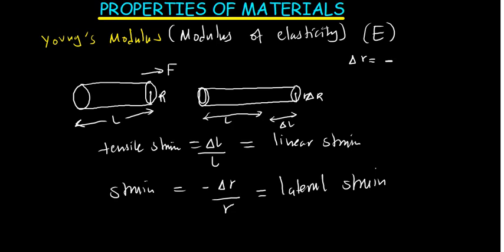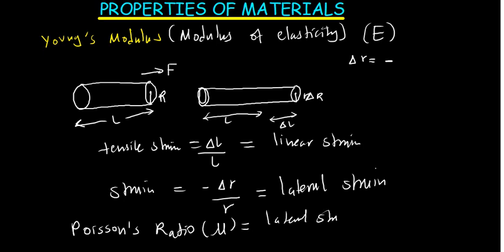And so we can also define the Poisson's ratio if we know the linear strain and also the lateral strain. The Poisson's ratio, which is given by the symbol mu, is equal to lateral strain divided by the linear strain.